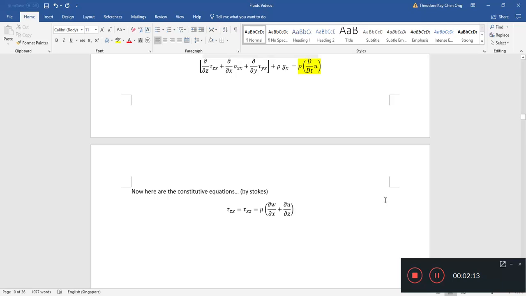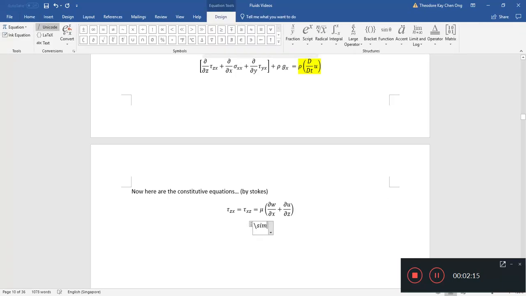Now let's take a look at sigma. Now these are some of the correlations that Stokes actually came up with. So let's look at sigma.